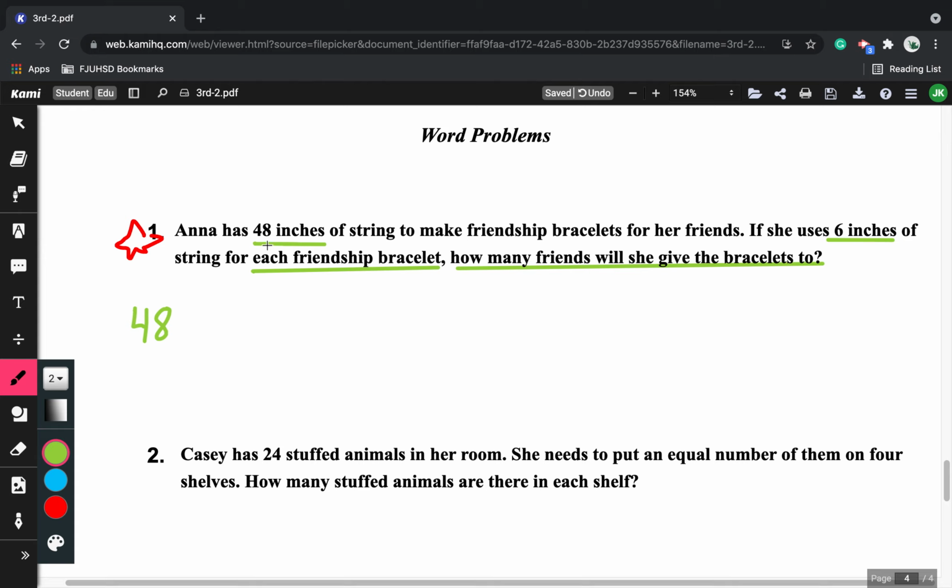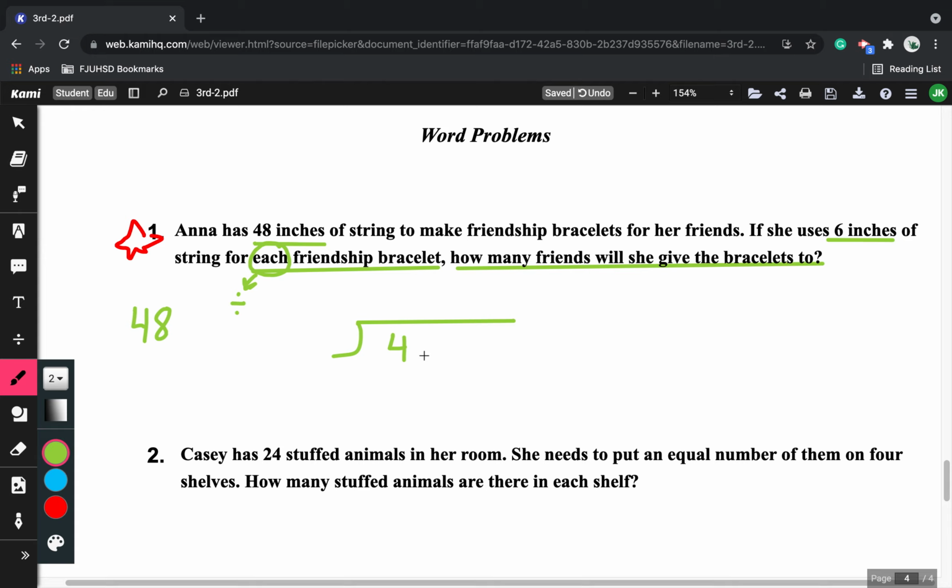So the word each usually relates to fractions. Fraction usually relates to divide. So when you divide, we're dividing 48 inches by 6 inches. Does that make sense? Not sure.